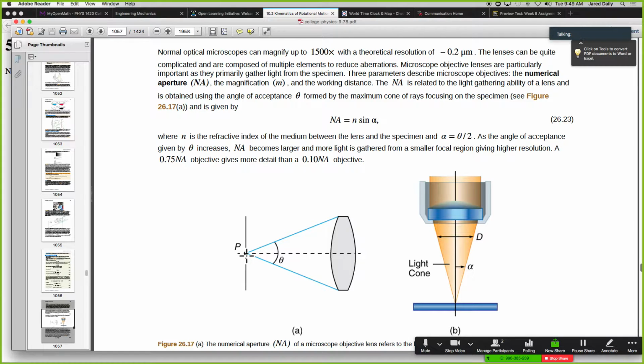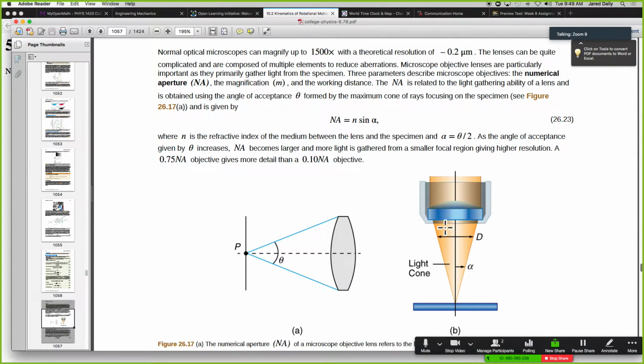If you use this, if you have this distance here, you get this angle between the edges of the lens to that point, which is usually the focal point. But this angle here tells you how much light gets focused geometrically. Any light that falls outside of the lens won't get captured by the lens and then won't be in this cone. So this angle in here becomes quite important.